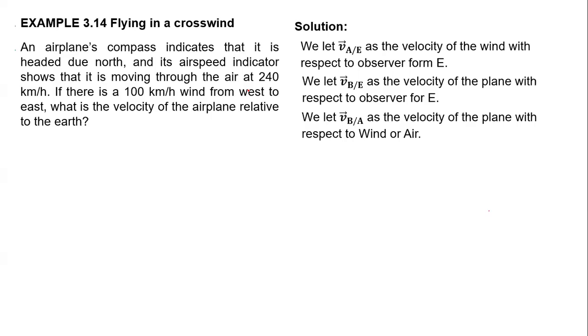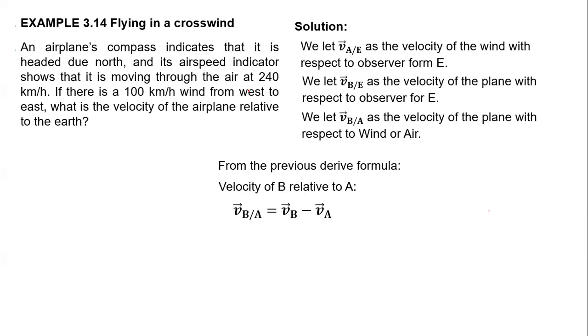And we let the velocity of B over A be the velocity of the plane with respect to the wind or the air. From the previous formula that we derived, the velocity of B with respect to A is just equal to the velocity of B minus the velocity of A.